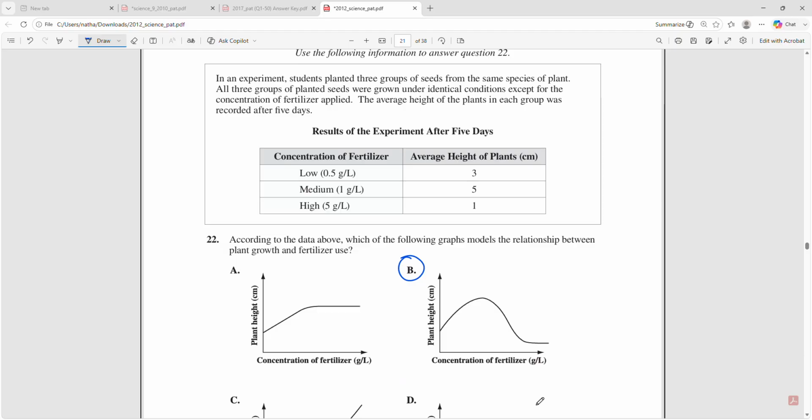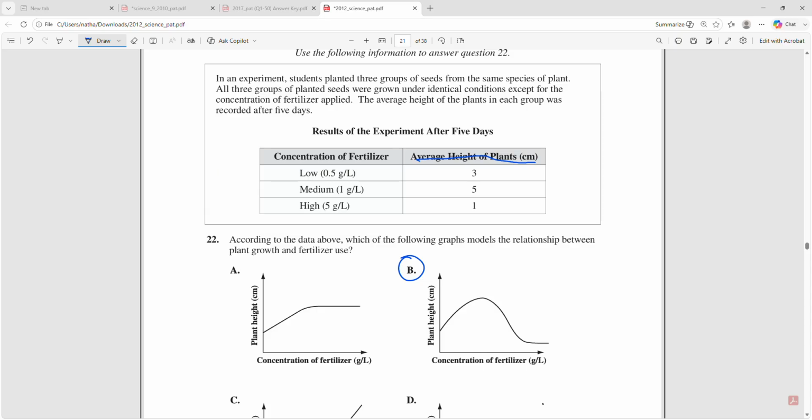Okay, in an experiment, students planted 3 groups of seeds from the same species of plant. All 3 groups of planted seeds were grown under identical conditions except for the concentration of fertilizer applied. The average height of the plants in each group was recorded after 5 days. So here we go, average height of plants after 5 days.